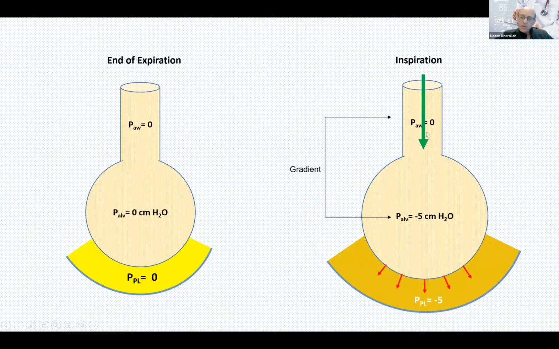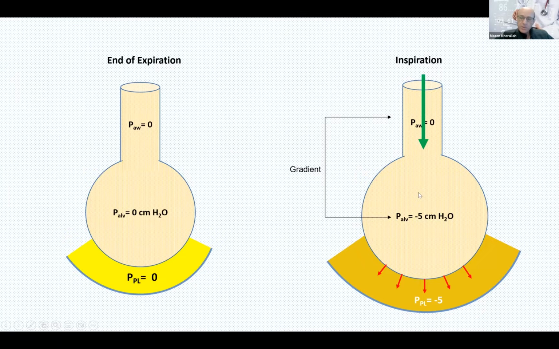With this gradient, the air will flow in from higher pressure to a lower pressure. So this will happen no matter what. If the patient drops the alveolar pressure below the airway pressure, there will be a gradient and there will be flow.